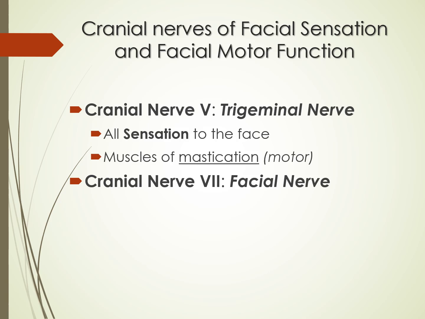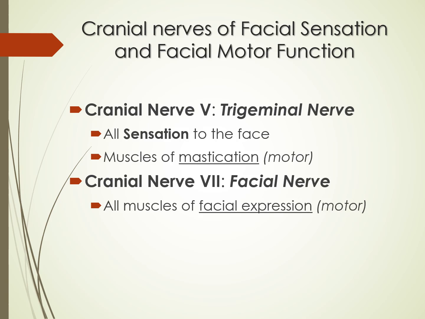So now we're going to group cranial nerve 5 and cranial nerve 7 together, and that's the trigeminal nerve and the facial nerve. These both have something to do with facial sensation and facial motor function. So the trigeminal nerve is all sensation to the face.